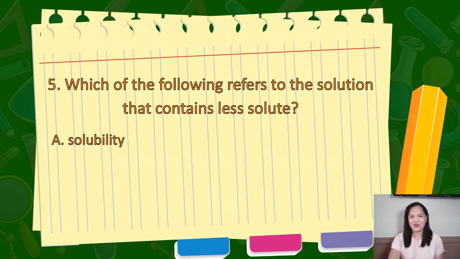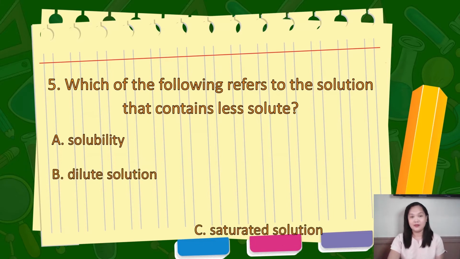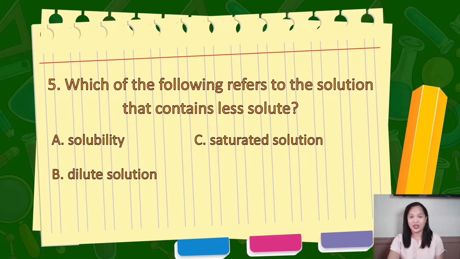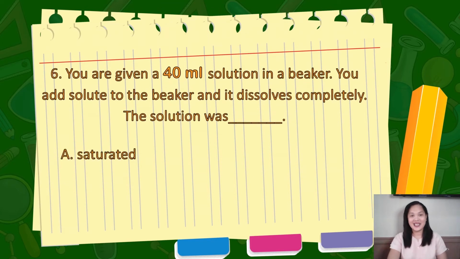Number 5. Which of the following refers to the solution that contains less solute? A. Solubility. B. Dilute solution. C. Saturated solution. D. Unsaturated solution. Number 6.